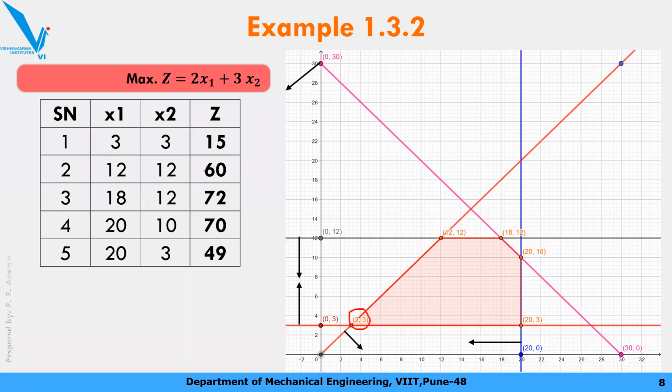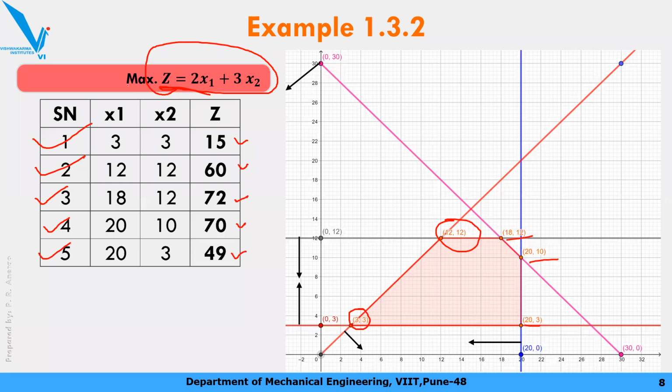The first corner point was 3 comma 3, the second is 12 comma 12, then 18 comma 12, 20 comma 10, 20 comma 3. Now put those x1, x2 values in the objective function 2x1 plus 3x2, and you get various values of z.